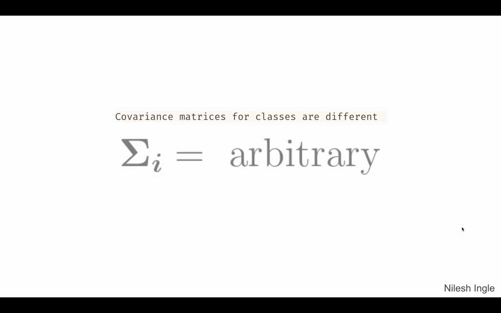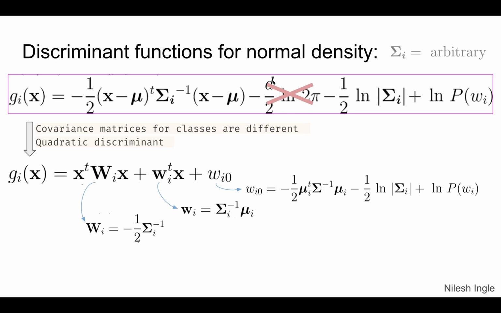Finally, let's look at a situation where the covariance matrices are different for all the classes. And in this case, we can only ignore this term. All other terms stay. And this is the relation that we get for the quadratic discriminant g i of x, where we have the new term capital W i, and then we have the small w i transpose. The quadratic discriminant function is capable of creating much more complicated shapes, decision planes.